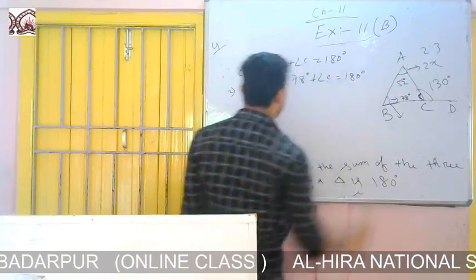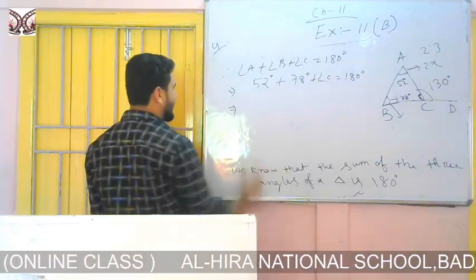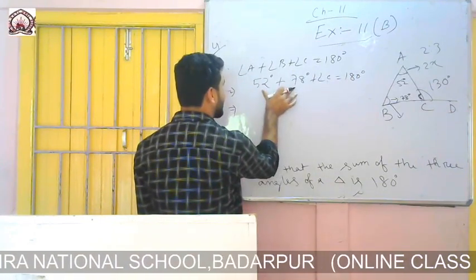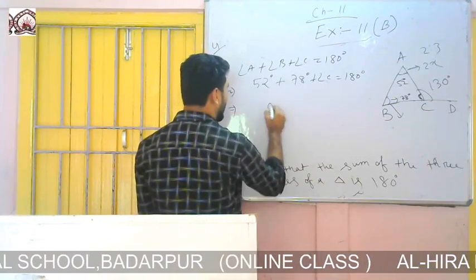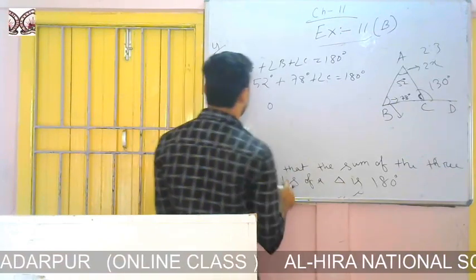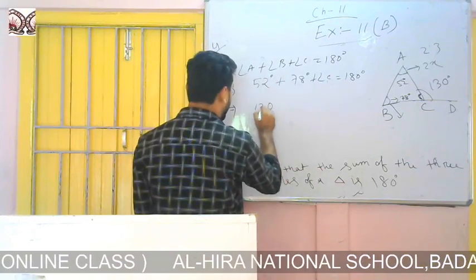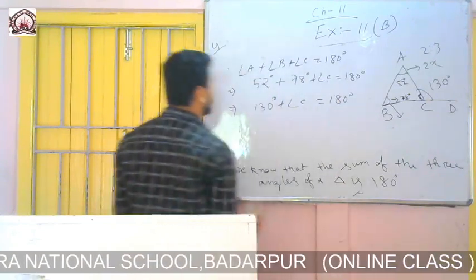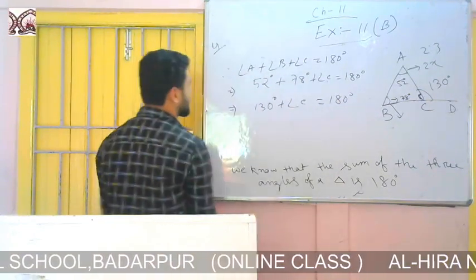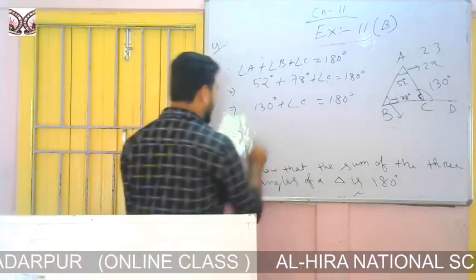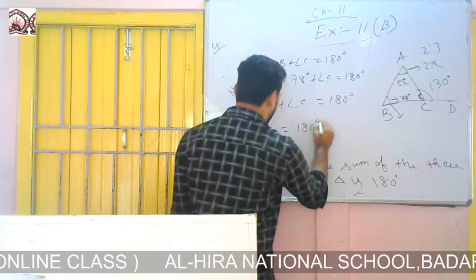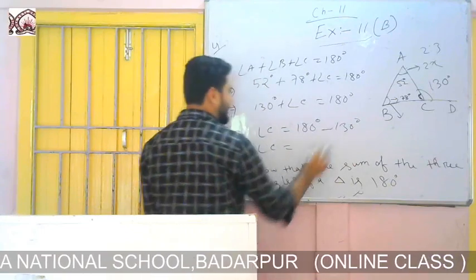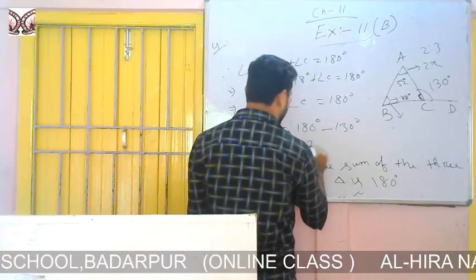Therefore you can write 52 plus 78, 8 plus 2 10, and 7 plus 5 12, and 1 13, 130 degree plus angle C equals 180 degree. Okay, now you see angle C will be what? If I subtract, then I will get the answer. Angle C equals to 180 degree minus 130 degree, will get what? 70 degree.